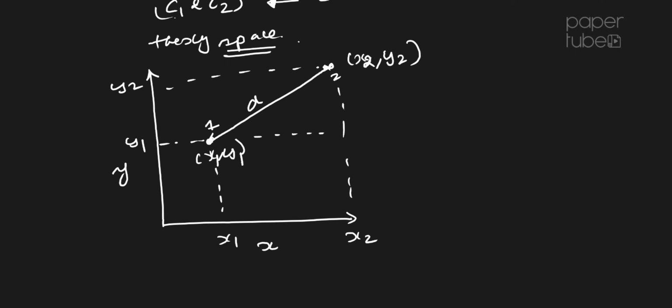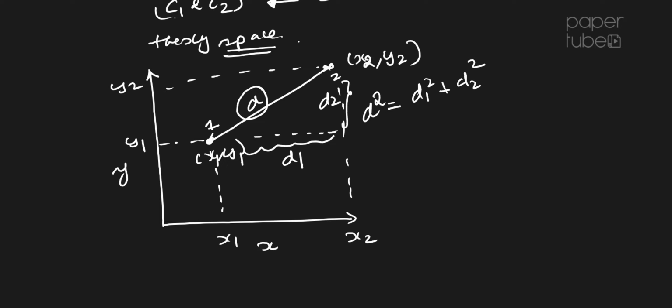So for that you need to use Pythagoras theorem. So let's say d squared. So this is the distance that we need to calculate. So d squared will be equal to, let's say this distance is d2, and this distance let's call d1. So that will be equal to d1 square plus d2 square.